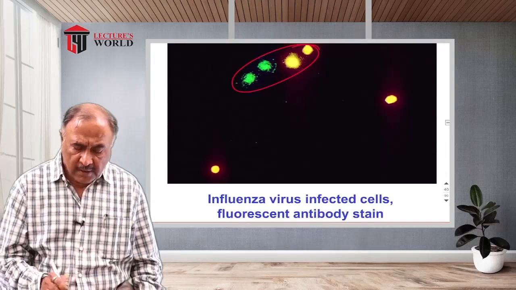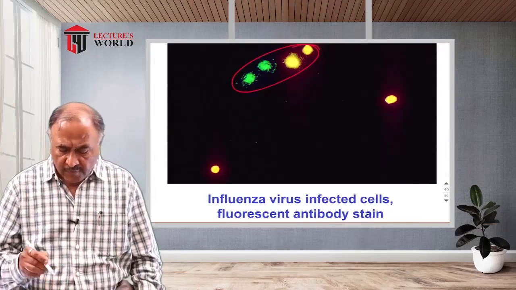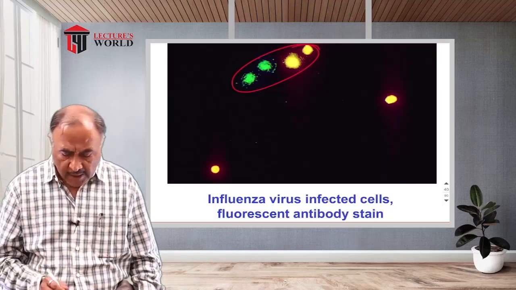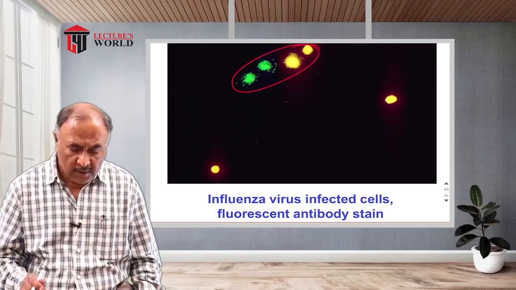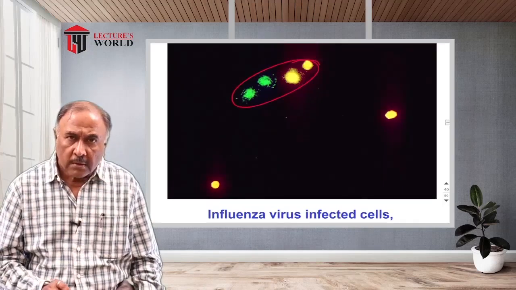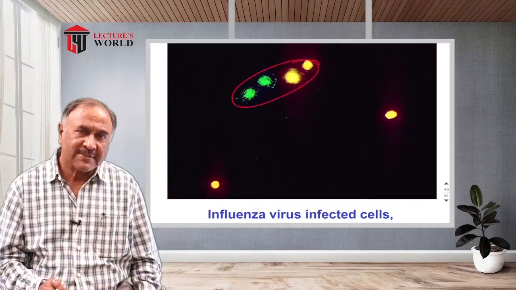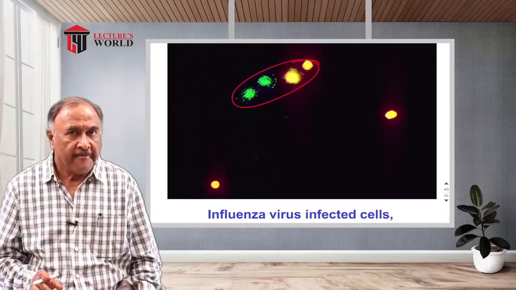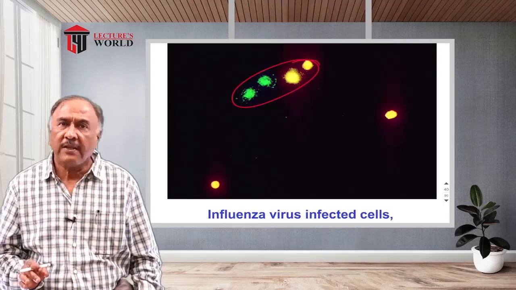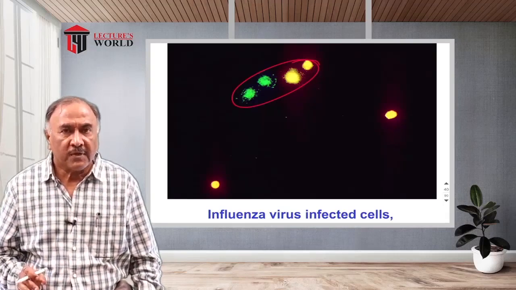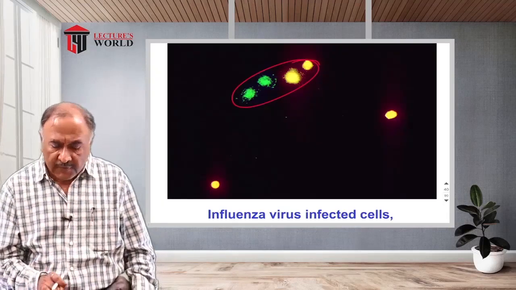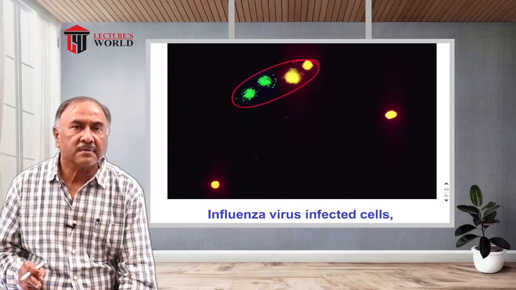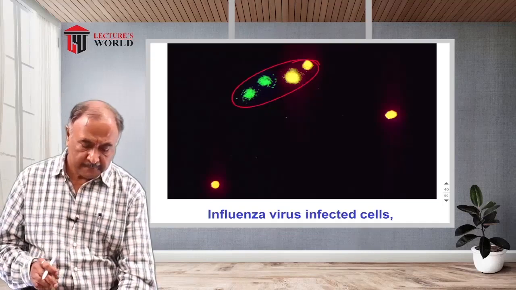Here, the influenza virus which infects the cells is stained by fluorescent antibody staining. Only those cells which have been infected would pick up that stain. Therefore, one can easily conclude that if you see fluorescence, it means that the cells are infected.